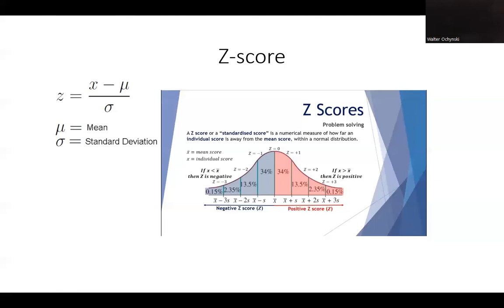Otherwise, you would have to prepare tables for unlimited or too many distributions, but it was not necessary because with the calculation of the z-score, you could transform any normal distribution into the standard normal distribution.